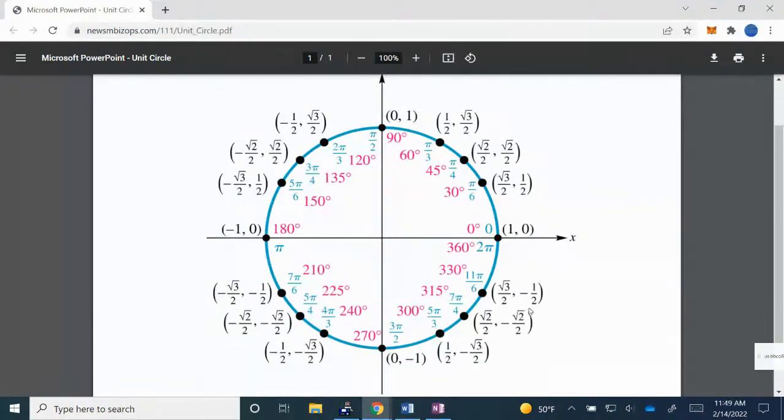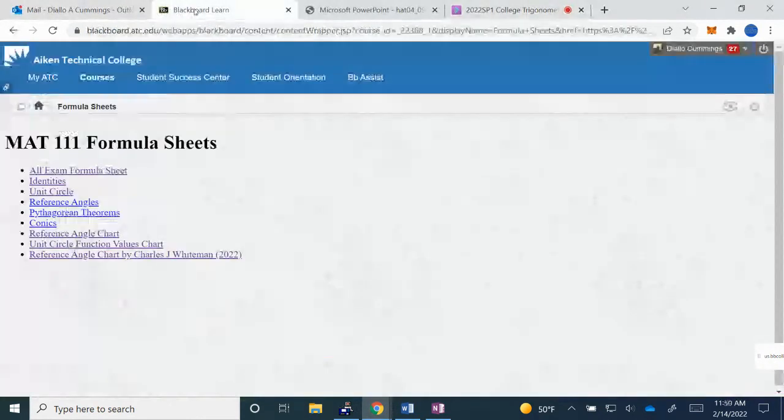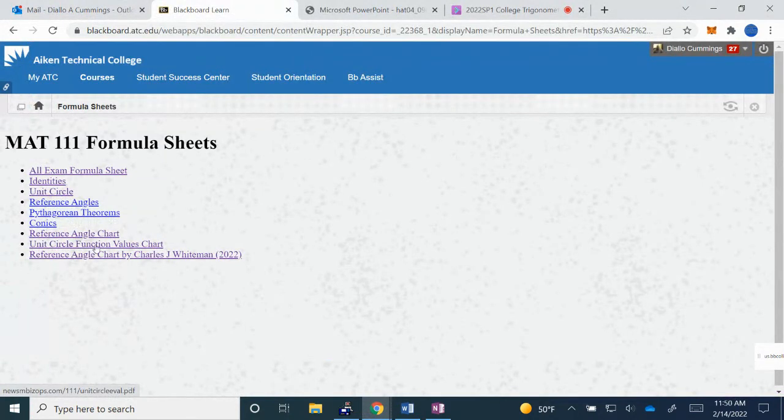I'm actually going to shorten the division on that, and I'm going to use one of the documents in our course, the unit circle function values chart.